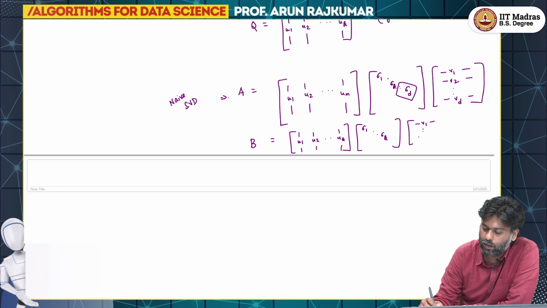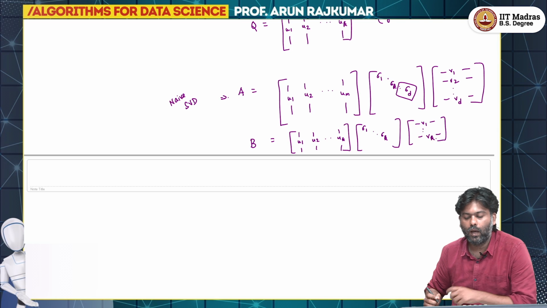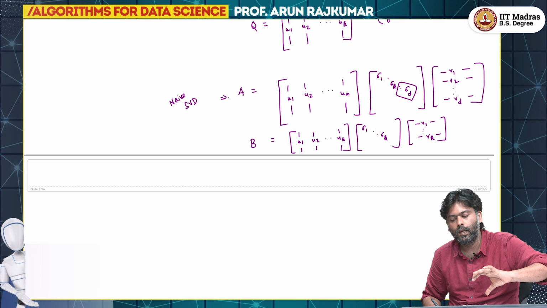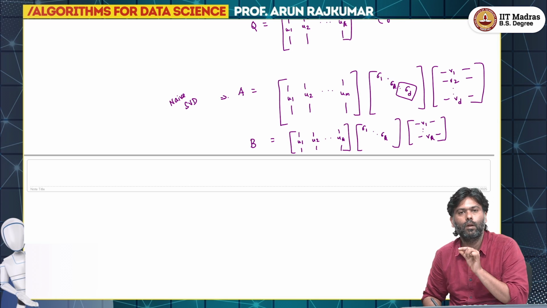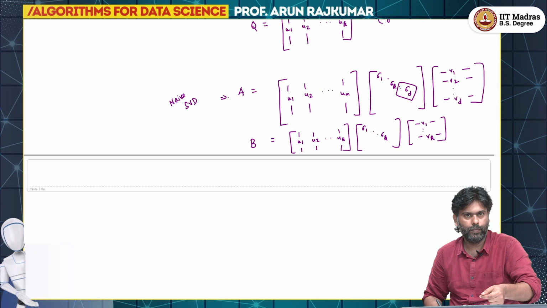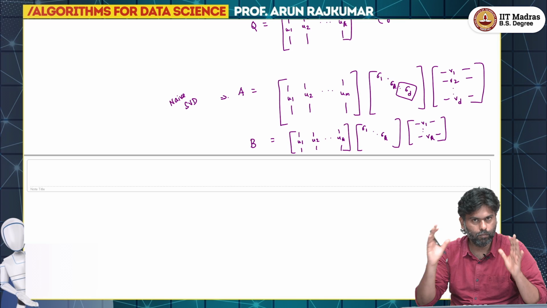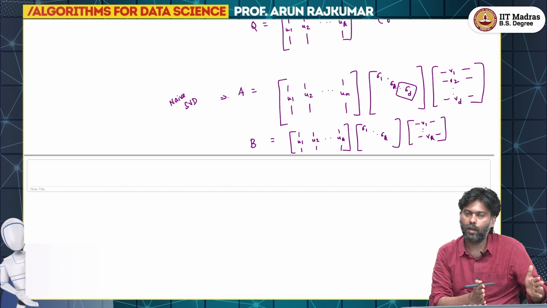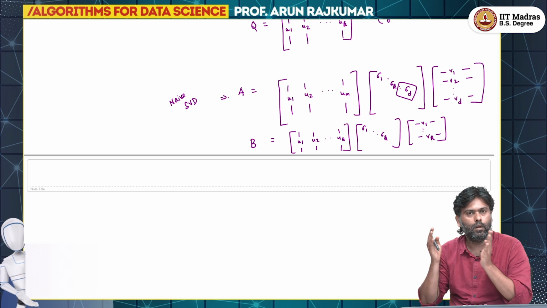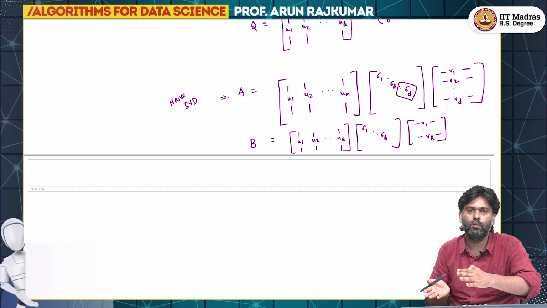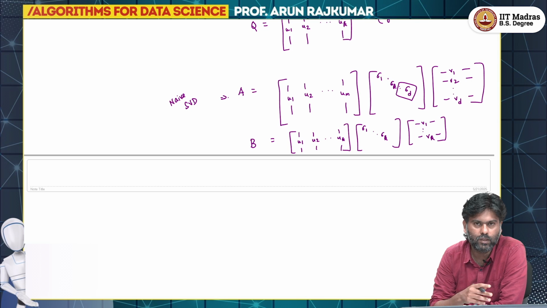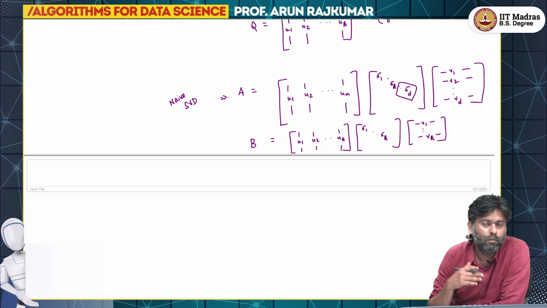If I multiply these restricted matrices, this would give me the best rank k approximation to A. That's how I would do it in a naive way: I do the SVD completely, get U sigma V transpose, take the top k left singular vectors of U, retain the top k singular values from sigma and the top k right singular vectors from V, and then multiply them to get the best rank k approximation for A. This is the naive way.